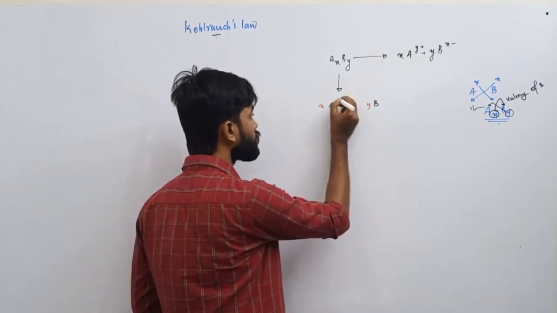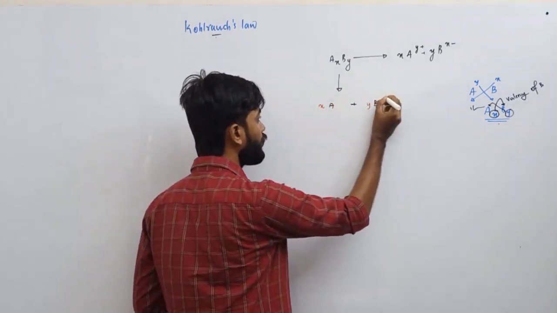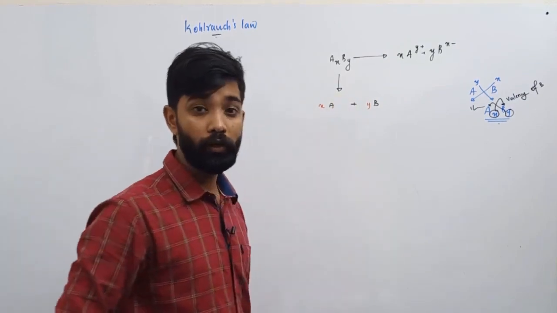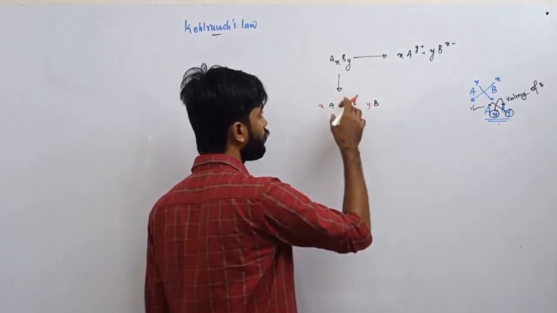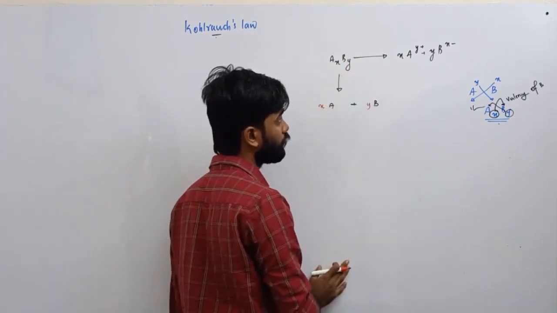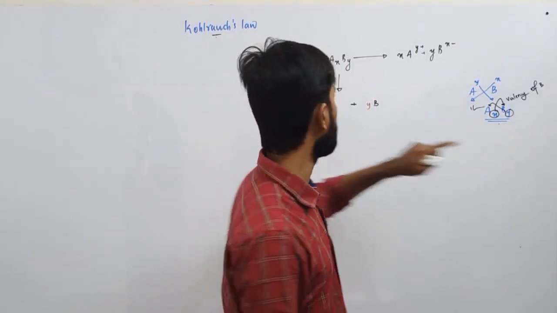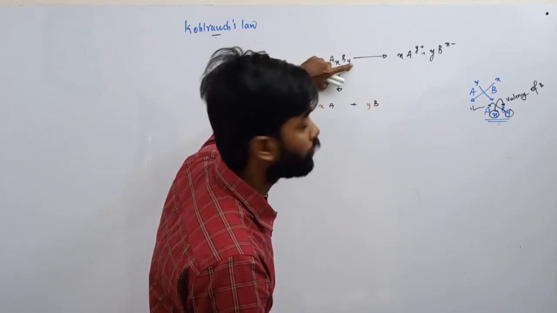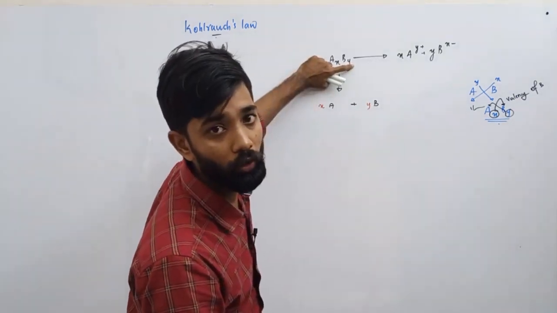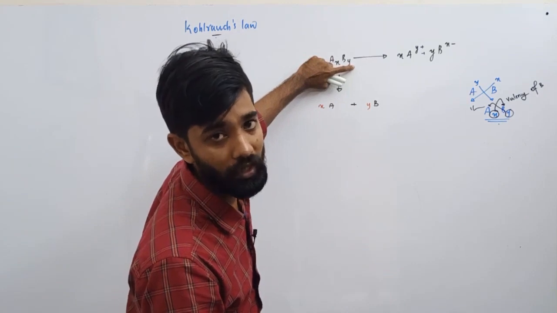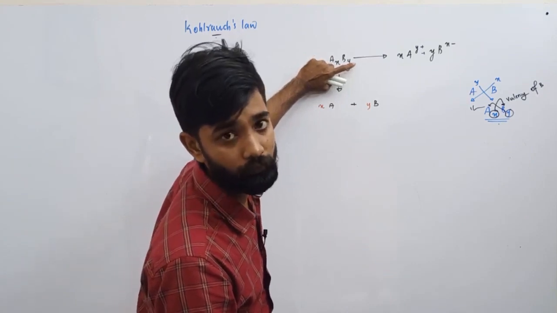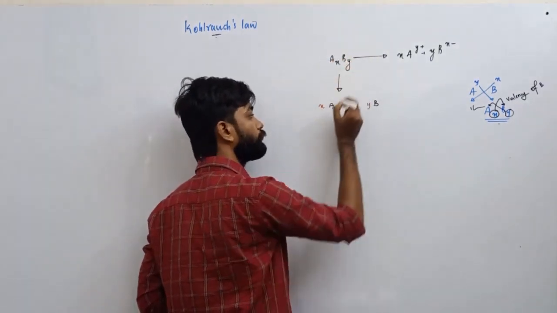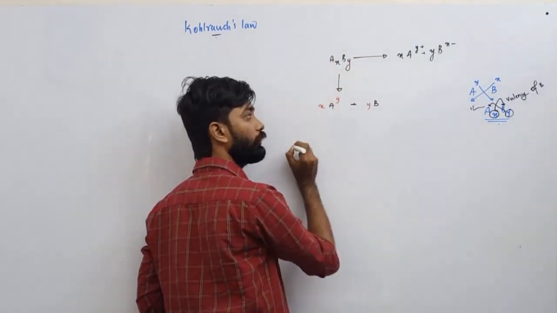So let me write the oxidation state of A here and B here. For that, I want to know the valency of A. How do I get the valency of A if I have the molecule? That is already discussed, right? The valency of A will be the subscript of B, so the valency of A will be y.